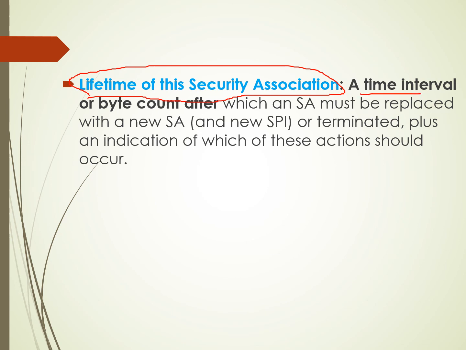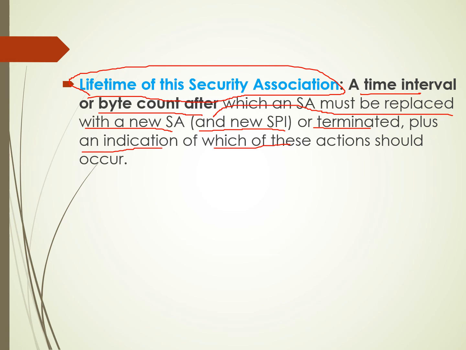It is a time interval or byte count after which a security association must be replaced with a new security association and a new SPI, plus an indication of which of these actions should occur. Here, for security association there is no concept of renewal.